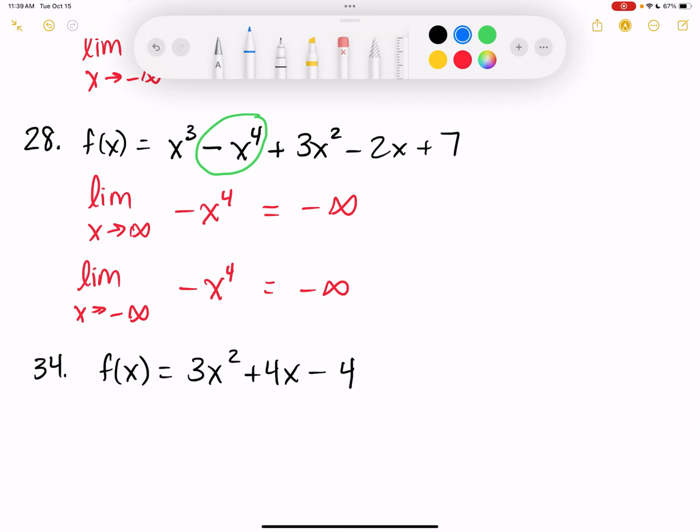So a-c method, I need factors of negative 12 that add up to give me positive 4. Any ideas? Positive 6 and negative 2. So 3x squared plus 6x minus 2x minus 4.